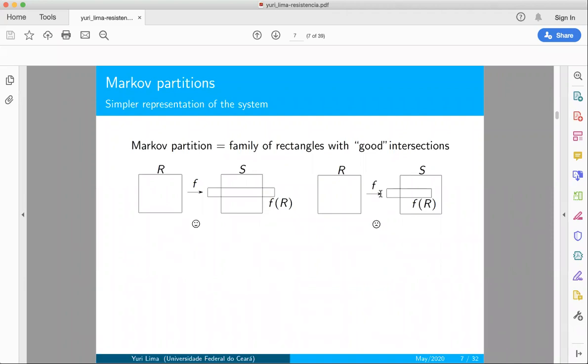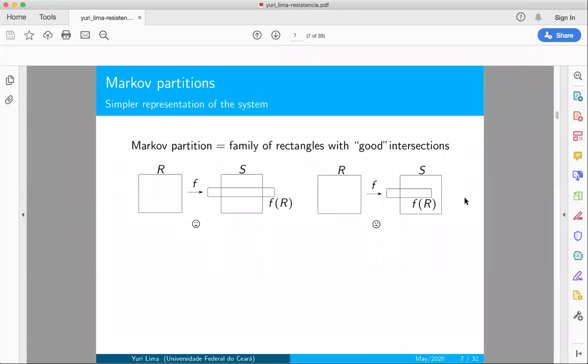So in broad terms, Markov partitions are nothing but a simpler representation of the system, in the sense that you subdivide your phase space into a family of rectangles with good intersections. And good intersections means exactly what I mean in these two pictures. The left-hand side shows a good intersection, and the right-hand side shows a bad intersection.